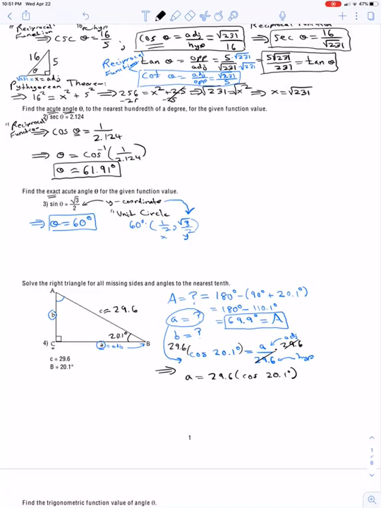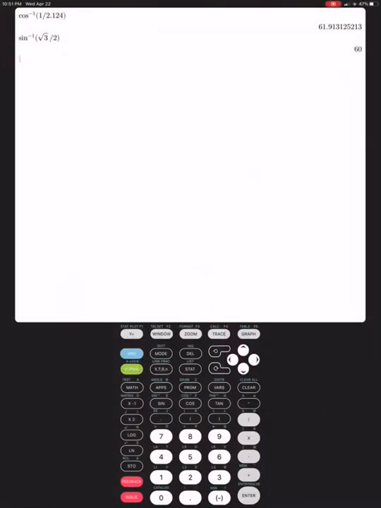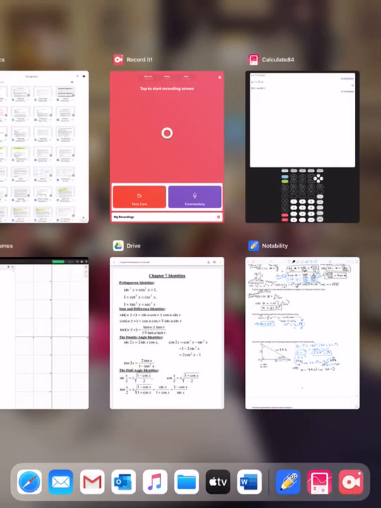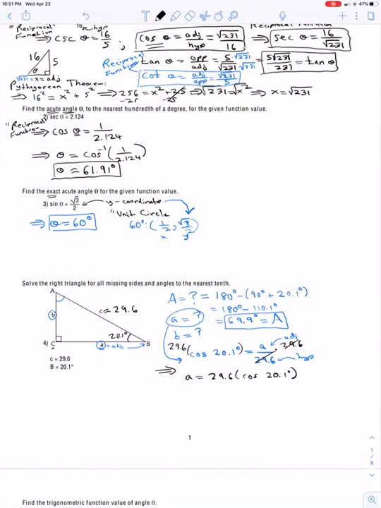And it says find all your sides and angles to the nearest tenth. So we go to our calculator and plug that in, see what we get. So let's plug in and see what we have on that one. So 29.6 times the cosine of 20.1 degrees, and we are in degree mode, we get 27.8 rounded to the nearest tenth.